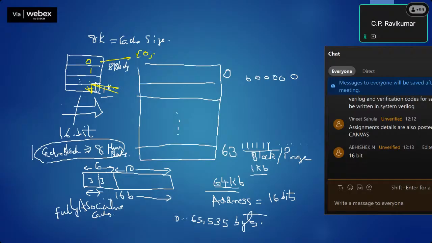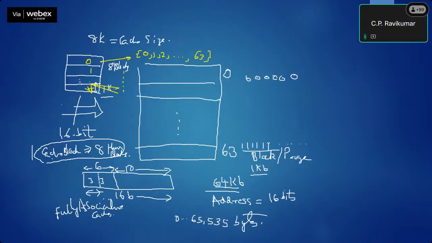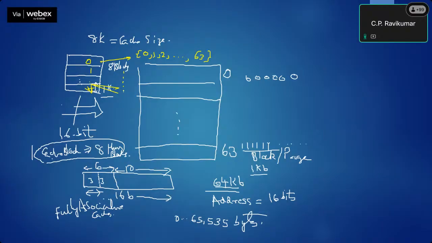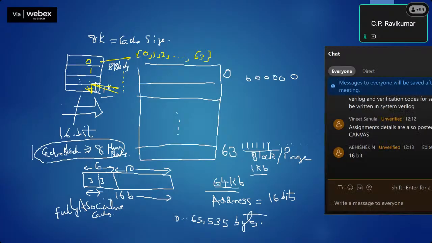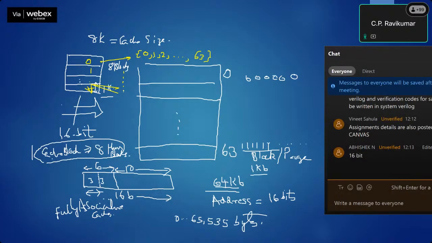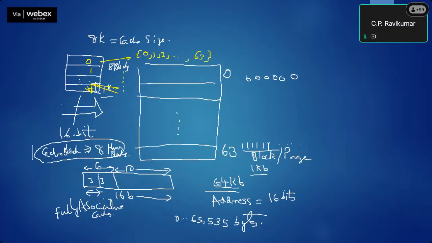Memory block 0 could be present, 1 could be present, 2 could be present, 63 could be present. The same is true for all the others. There are other ways to map. You could say I'm going to use direct mapping. You could say set associative mapping. Like that, there are other methods. So we are keeping it simple. We are saying that any memory block can be loaded anywhere, wherever there is space.